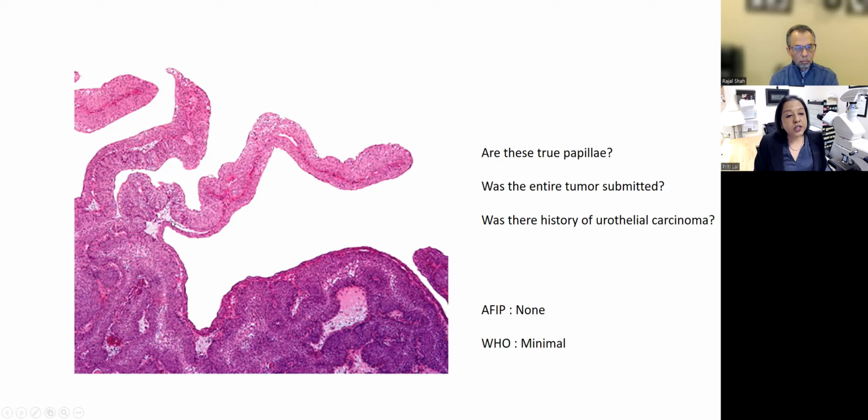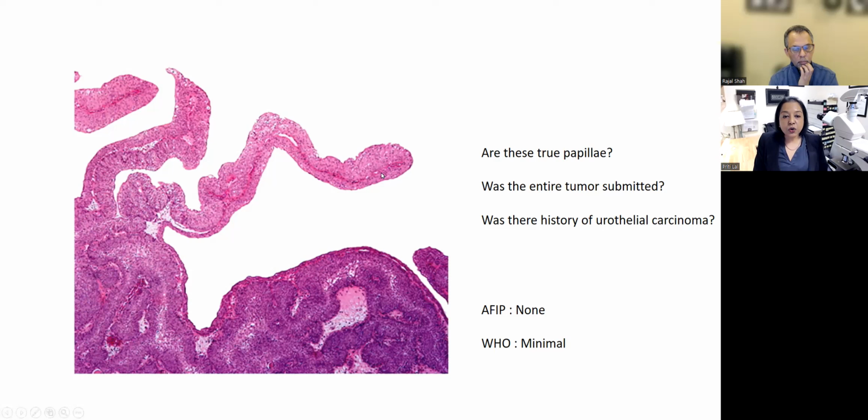What are the differential diagnoses of this kind of exophytic growth? You have to make sure that are these really true papillae or part of the endophytic growth that has kind of peeled off as a result of histology preparation or broken apart.